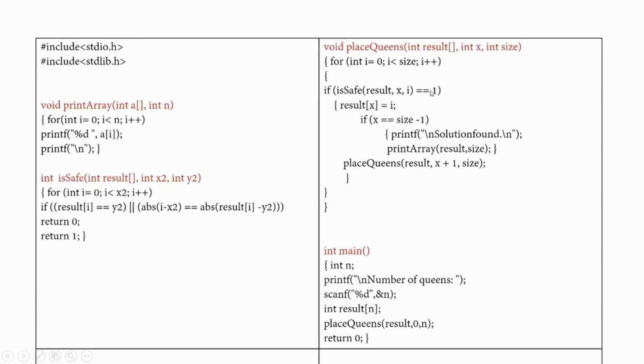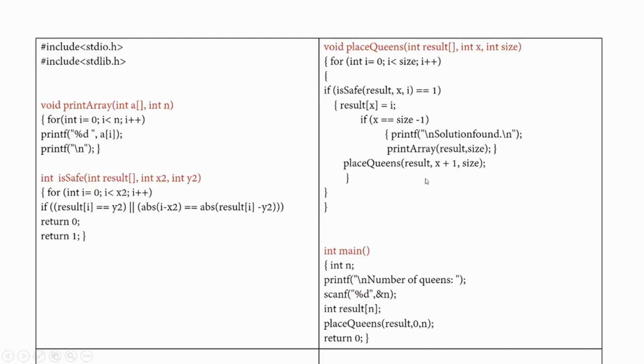If it is a safe state, the queen will be positioned at the particular index of the chessboard, and accordingly the result array will store that column index. If all the queens are placed, you can print the solution. Otherwise, this place queen function will be invoked again to place the next index queen onto the chessboard. This whole procedure is repeated within a for loop, and it is invoked until all the queens have been placed.